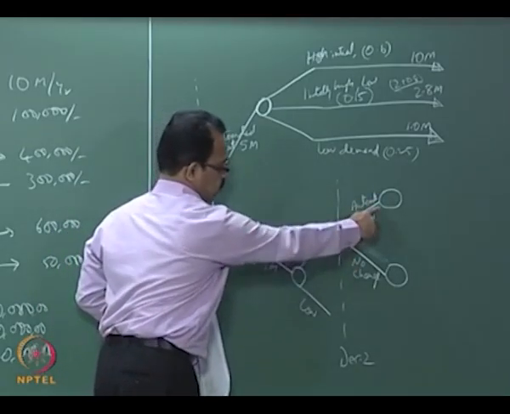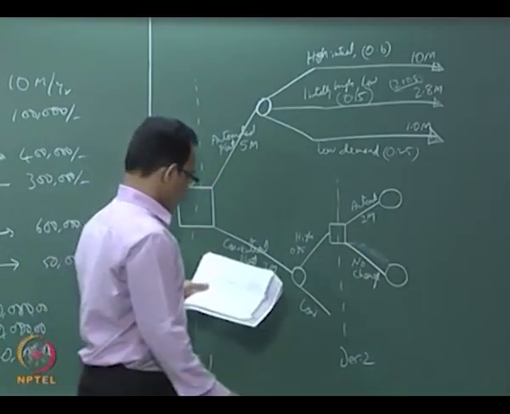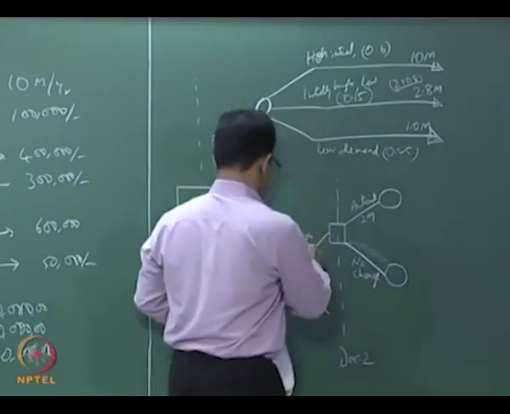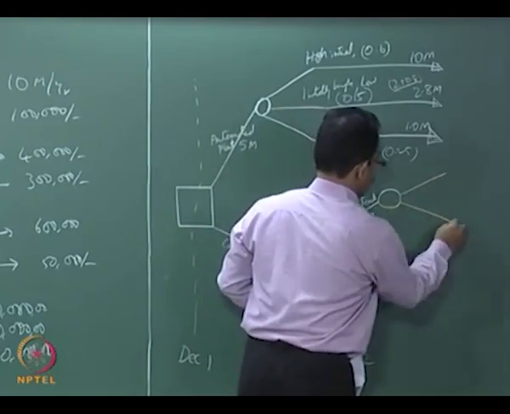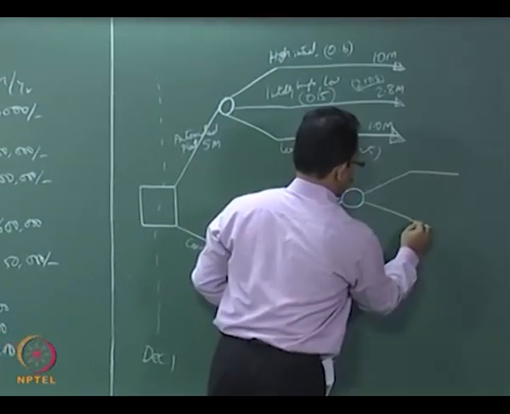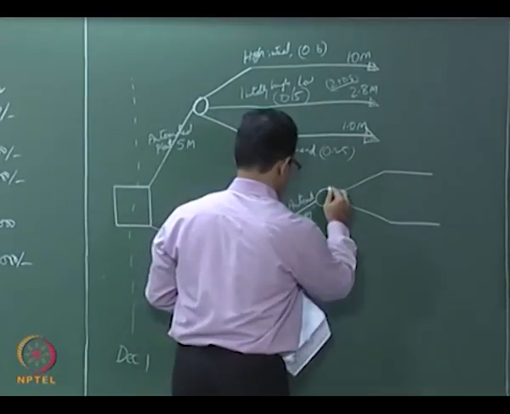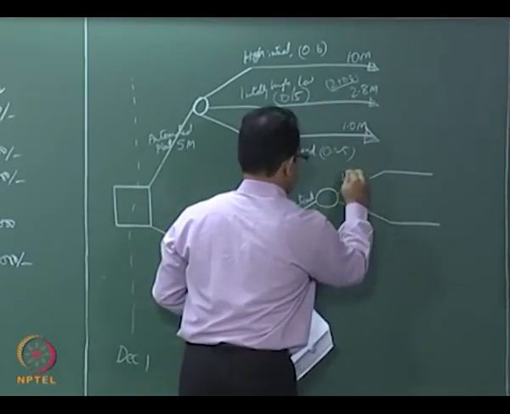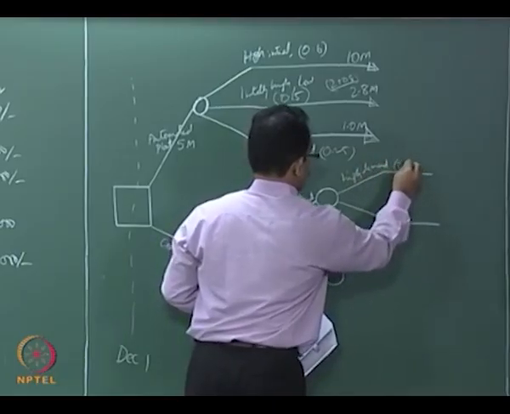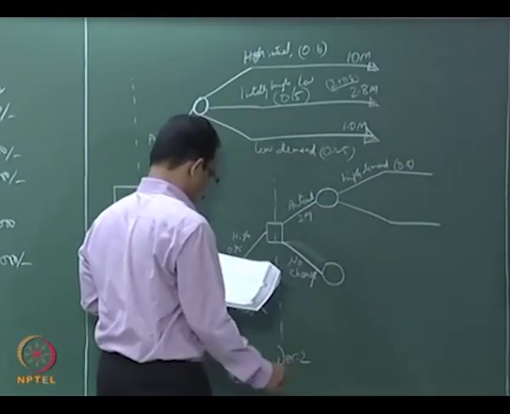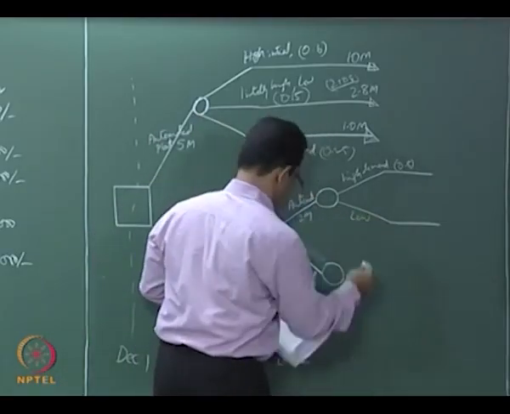So one option is automate with a 2 million investment, other one is no change, and again you will be getting this initial high. So after initial high you will be having 2 options, one is sustained, other one is low. So this is a sustained high demand, continuous high demand, probability is 0.8 here, and this low demand it is 0.2.